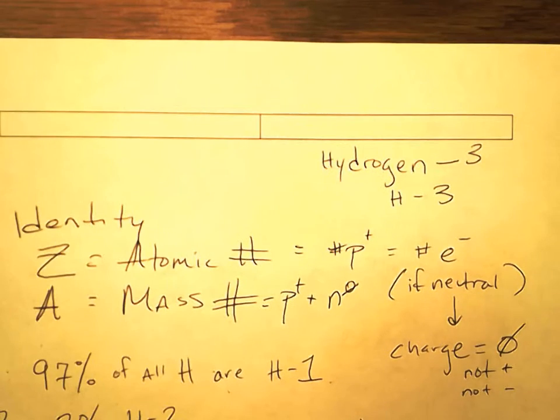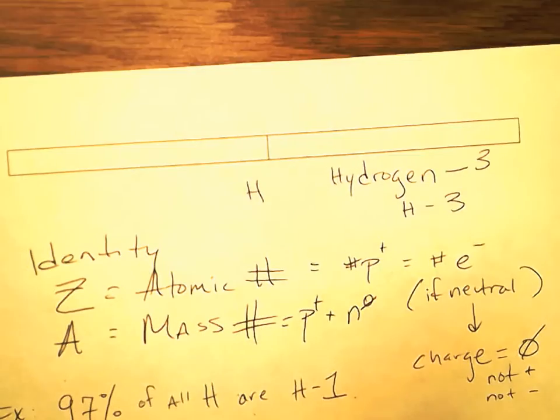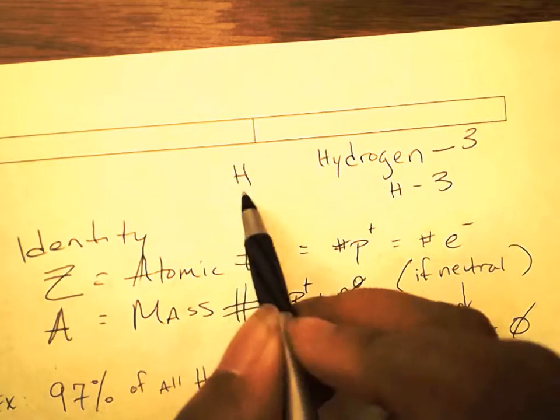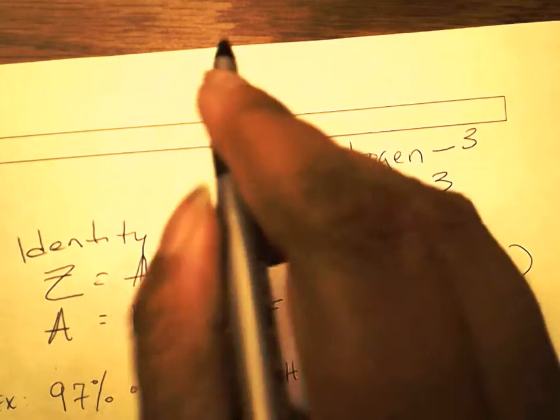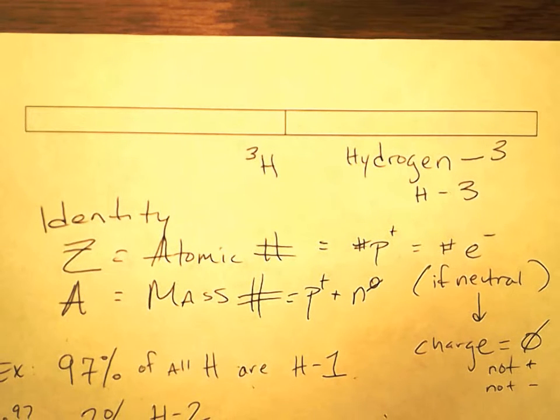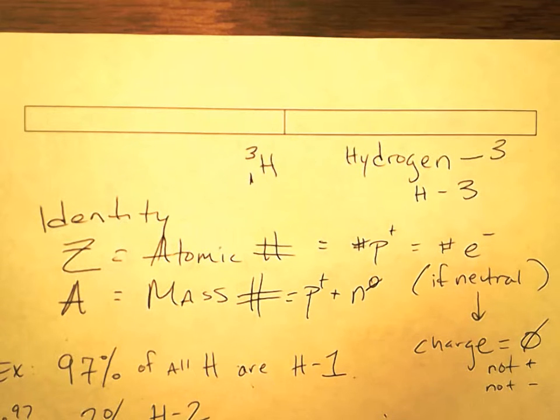As if it's not confusing already, then we can come over here and write the symbol, and then we can use some superscripts and subscripts. Up here, you would see the mass number. So I would put that mass number there, and then you may see us put the atomic number below like that.